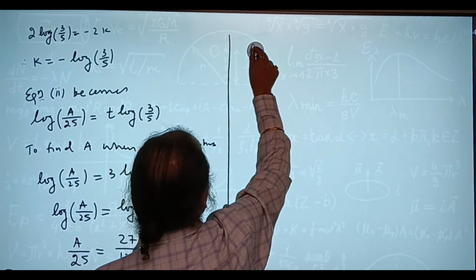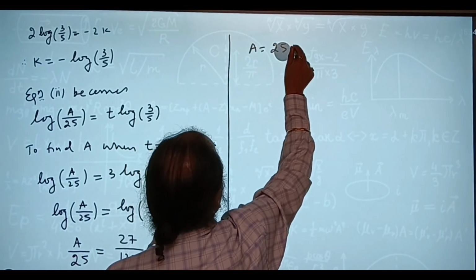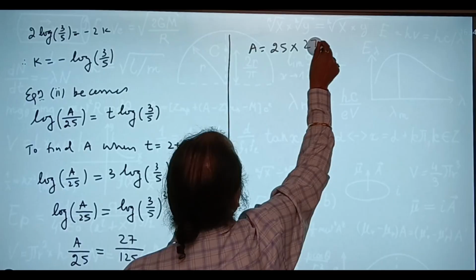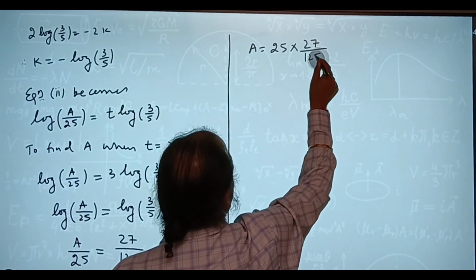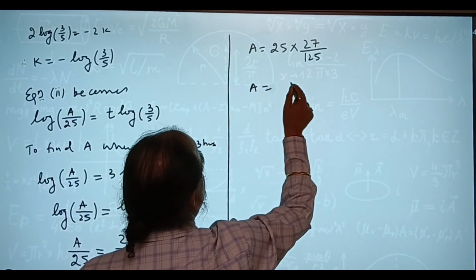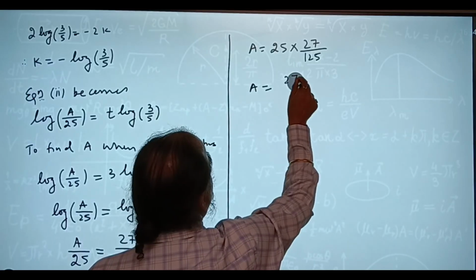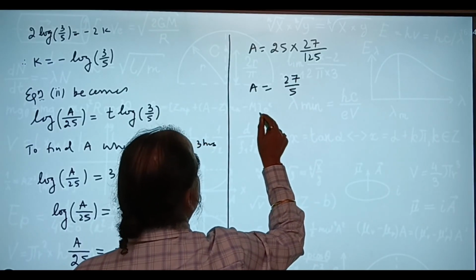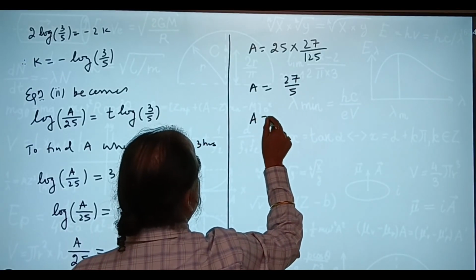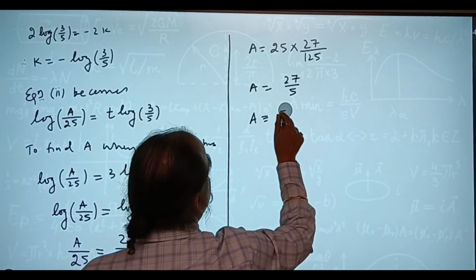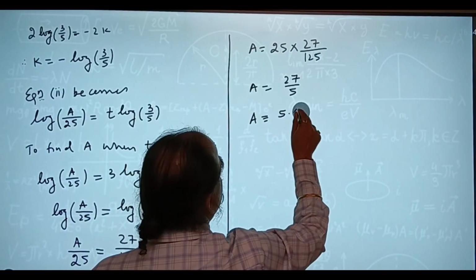A is what? 25 into 27 upon 125, which is 5.4 grams.